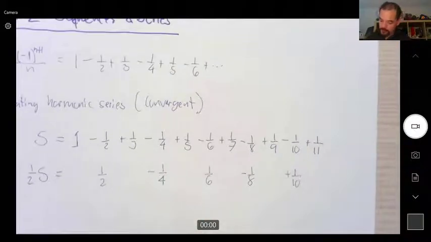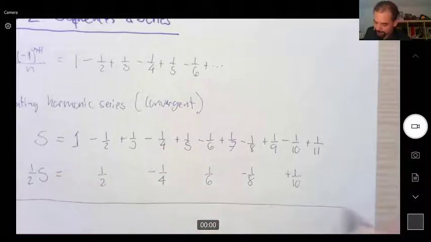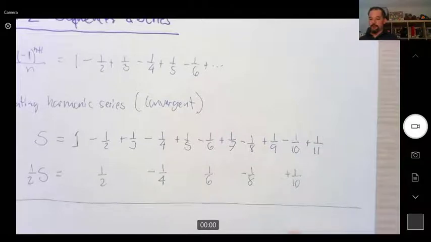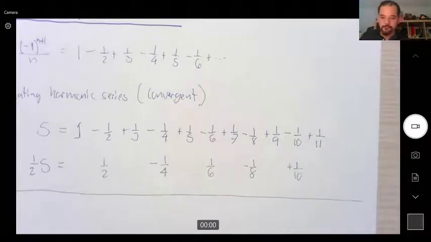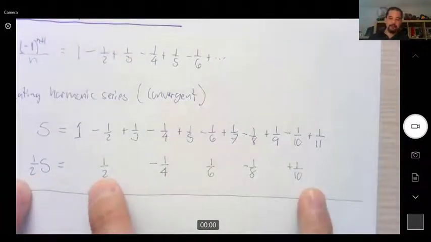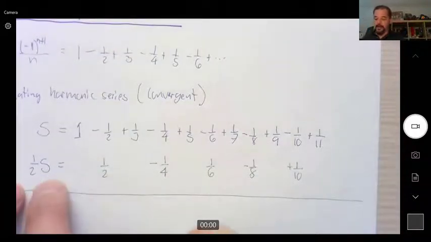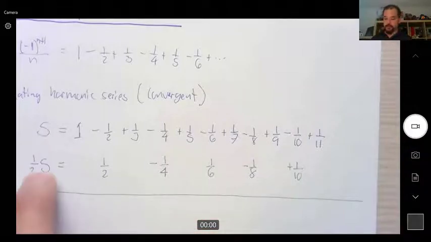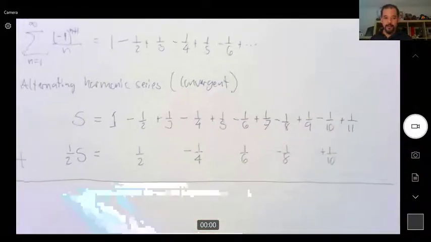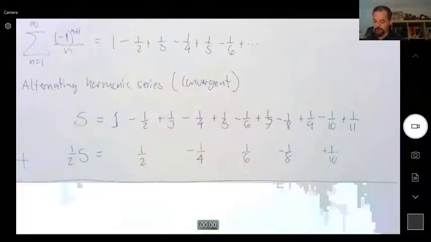Now I'm going to add these two together, right? Now, if this one is some number and I multiply it by 1/2, the answer should be 1/2 of S. So when I add these two things together, let's see what we get.